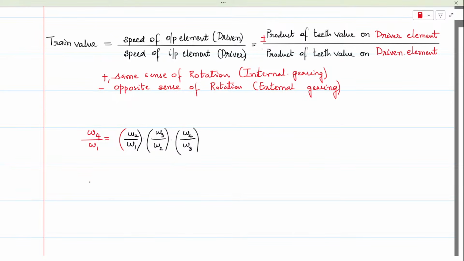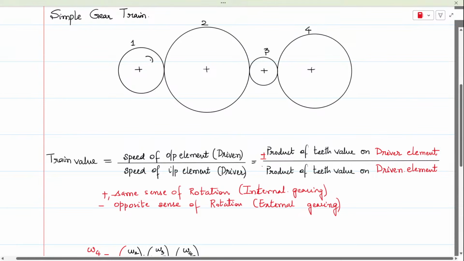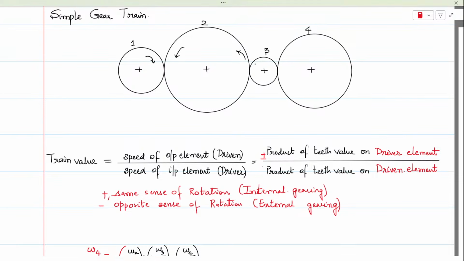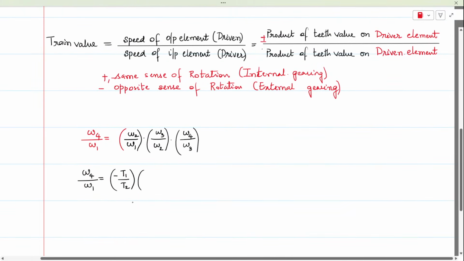Now what we do is, we replace the speeds with teeth values. That is, omega 2 by omega 1 will be replaced by T1 by T2. Minus sign because it is external gearing. As 1 rotates in clockwise, 2 rotates in anti-clockwise. As 2 rotates in anti-clockwise, 3 rotates in clockwise. If 3 rotates in clockwise, 4 rotates in anti-clockwise. So between 2 and 3 it is external gearing.